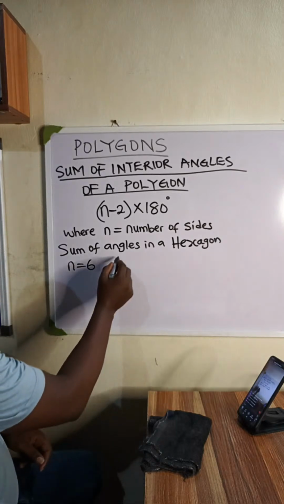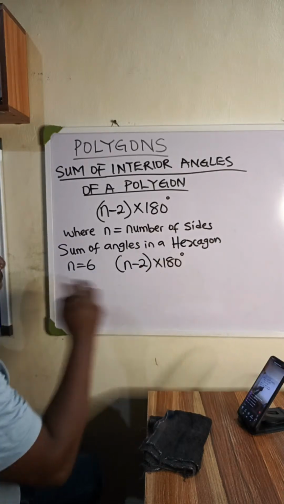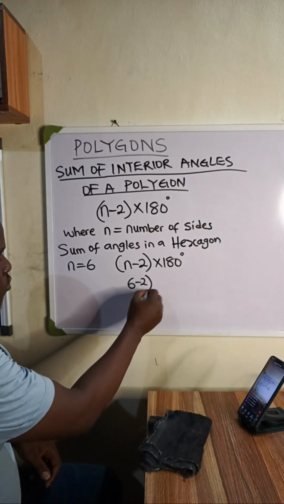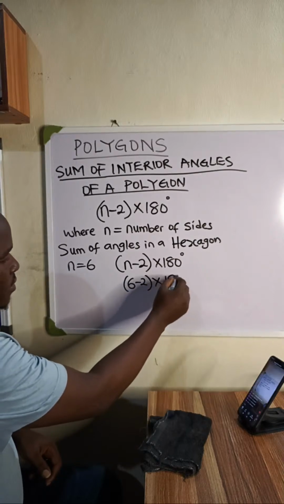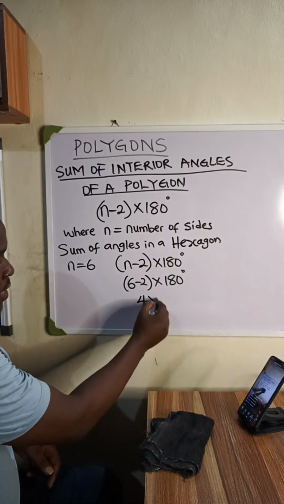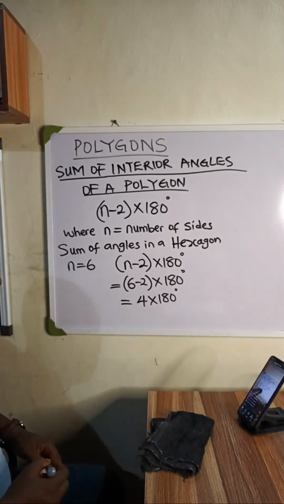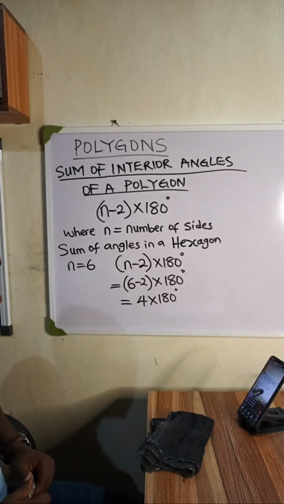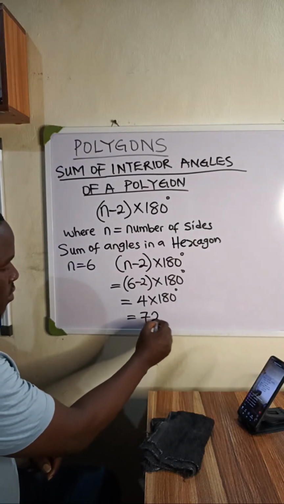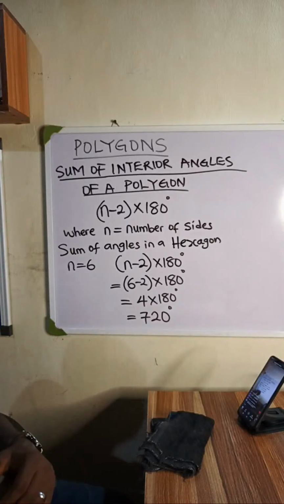And we know that the formula is n minus 2 times 180 degrees. So where n is equal to 6, we have 6 minus 2 times 180 degrees. 6 minus 2 is going to give us 4, so we have 4 times 180 degrees, which is equal to 720 degrees.